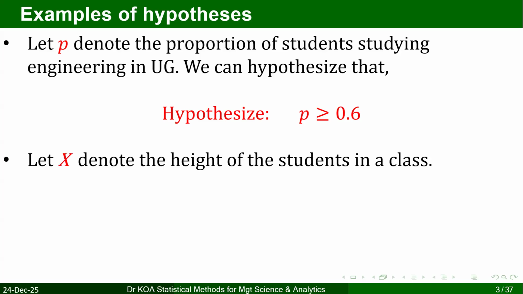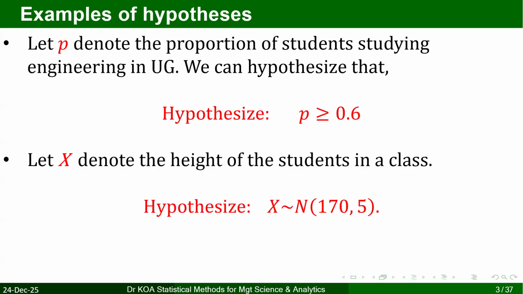Another example: if we let X represent the height of the student in the class. Now, watch the word student. Even though I didn't use the word average, it's still dealing with the average height of students in the class.